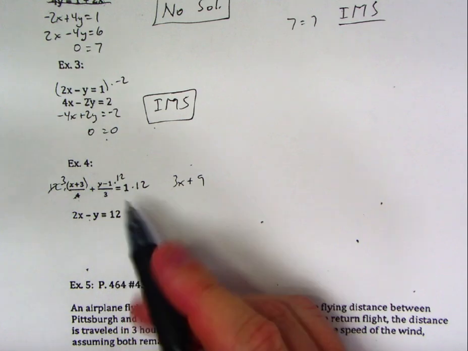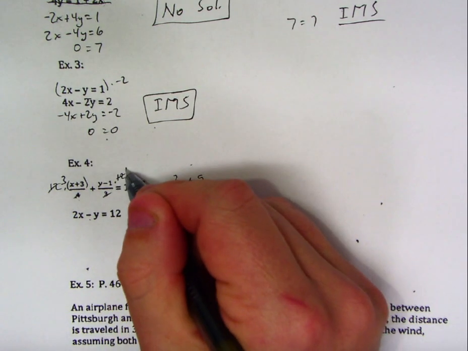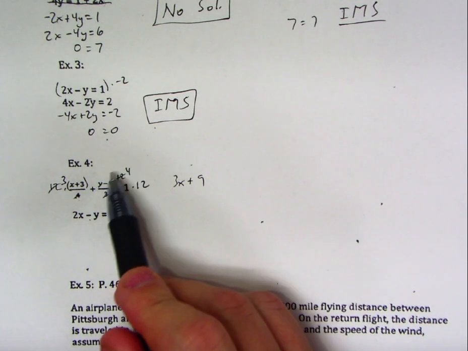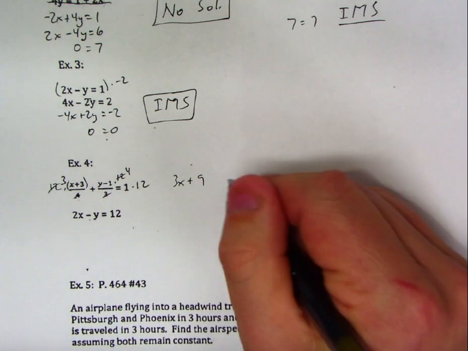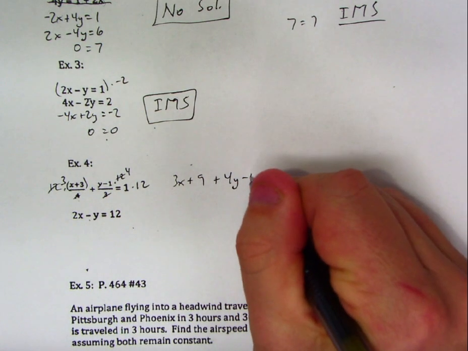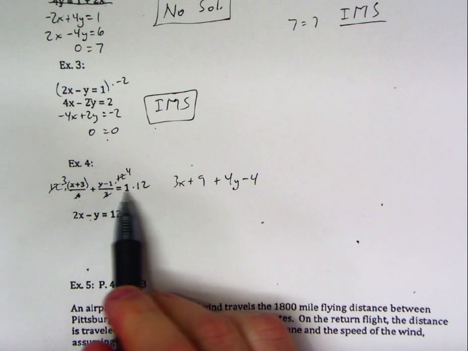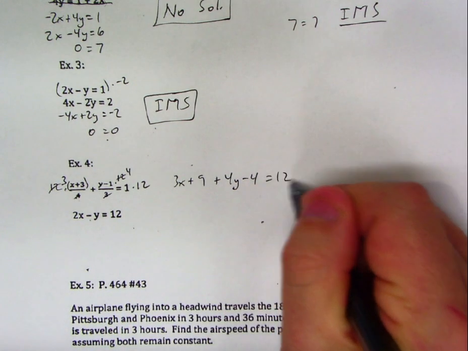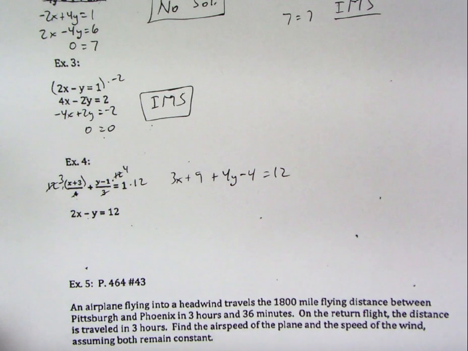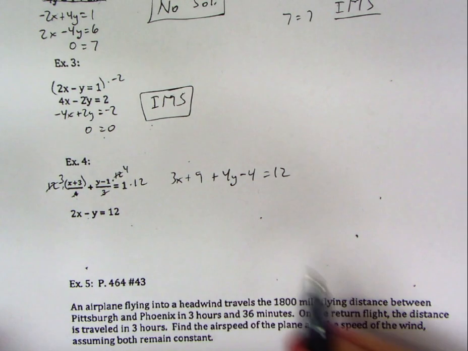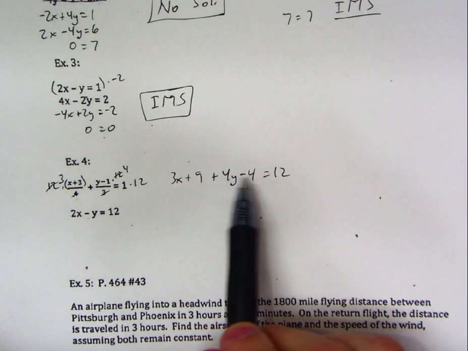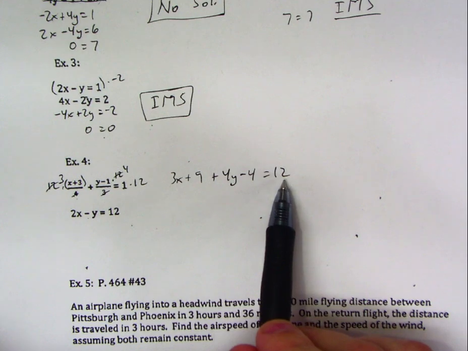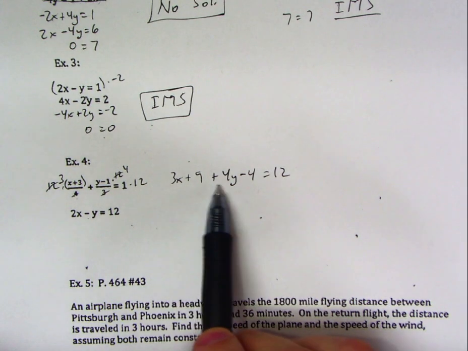The 12 and the 3 reduces to 4 and distribute, so 4y minus 4. And then equals 12. And then I want to line all this stuff up, so 9 minus 4 is 5. I'm going to subtract 5 over and get 7. So I'm going to have 3x plus 4y equals 7.